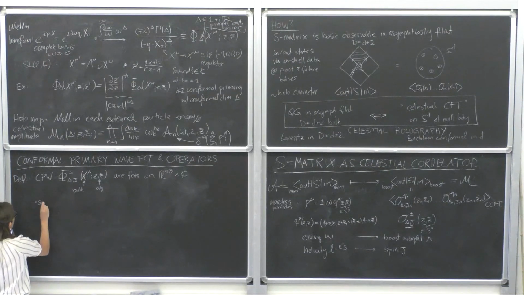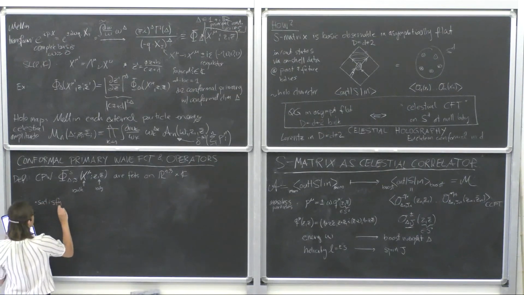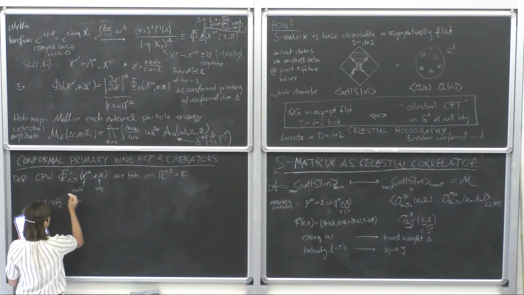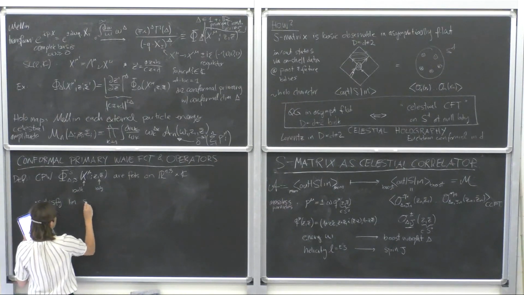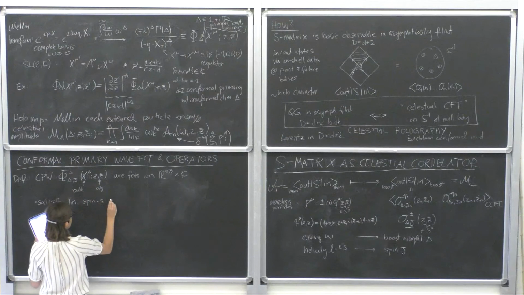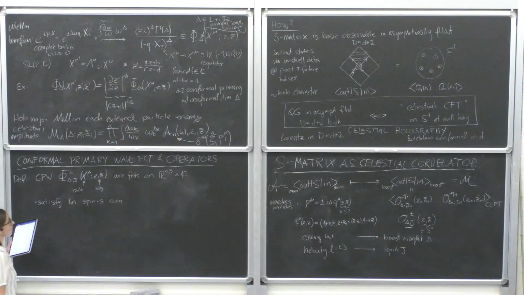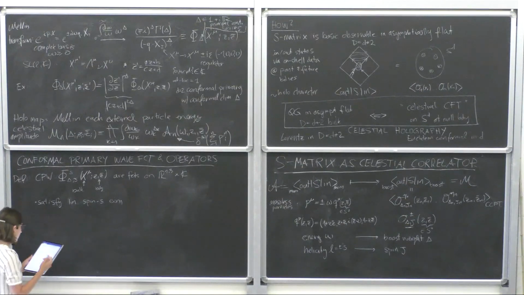They satisfy the linearized spin S equations of motion. So for example, for the scalar, that would be the massless Klein-Gordon equation. For spin 1, it would be Maxwell. For spin 2, it would be linearized Einstein.